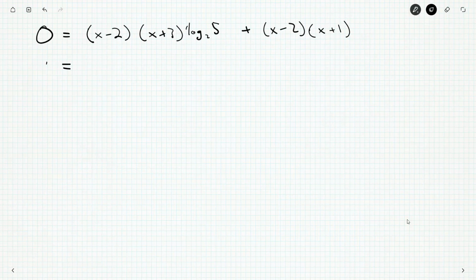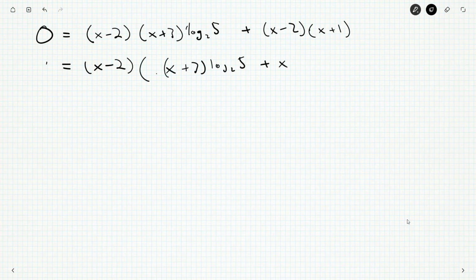Okay, so now I can take out the x minus 2 on both sides, and then we'll get x plus 3 log base 2 of 5 plus x plus 1. And so, we'll still get a quadratic, but I think it's a better quadratic because we've already got it one side factored, so we'll get another linear term, and that will all be fine.